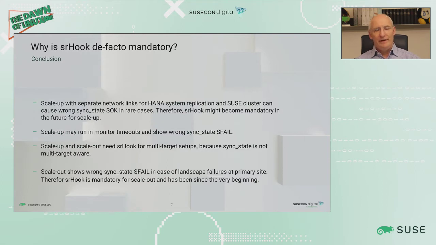So, what does it mean at the end? The scale-up setup needs the srHook state to be safe in any case. Another side effect is that the scale-up system replication may benefit from srHook because a monitor operation always can time out.